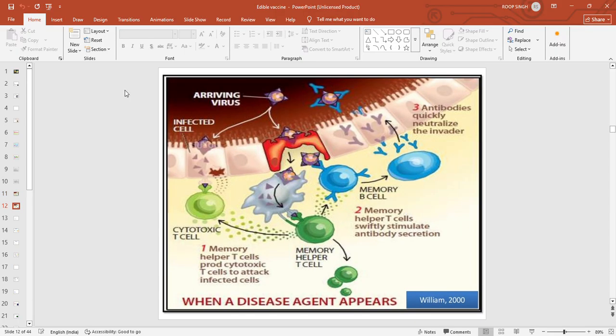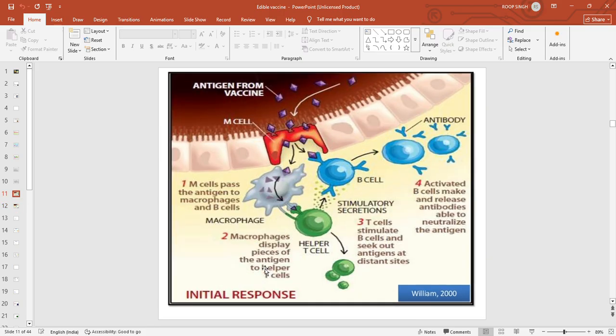Now suppose a virus enters our body. So here are the infected cells, and here again the M cells. The antibodies from the edible vaccine are able to create memory. This is the initial response.